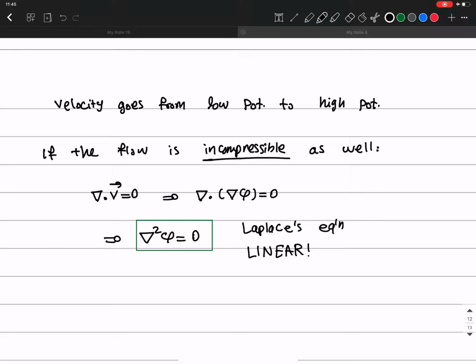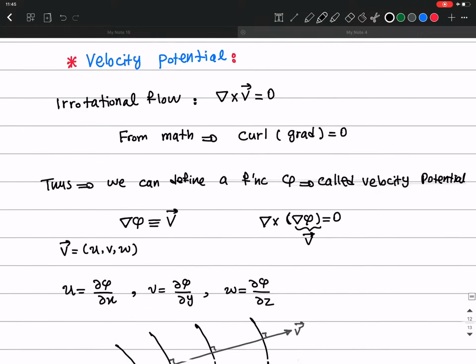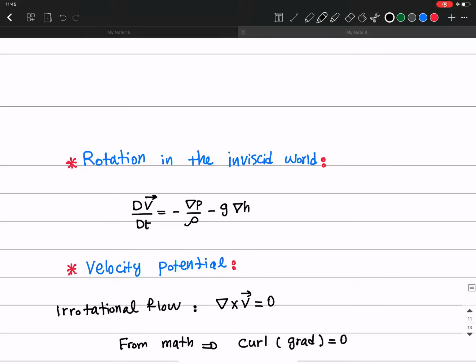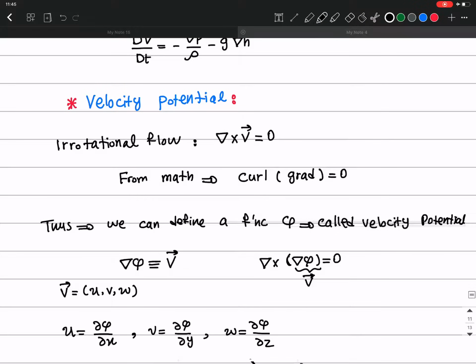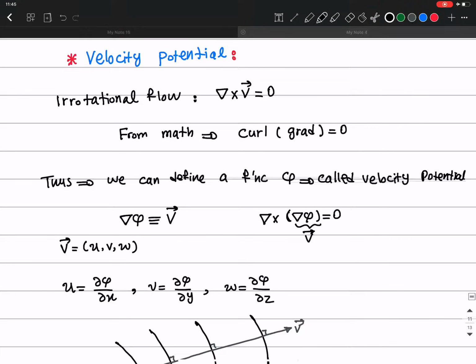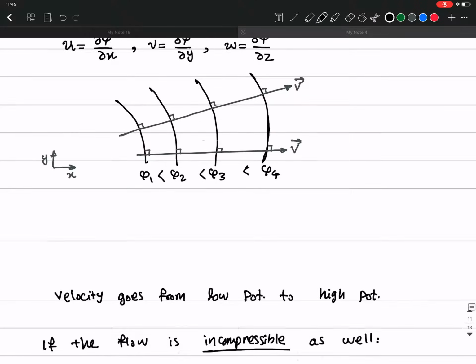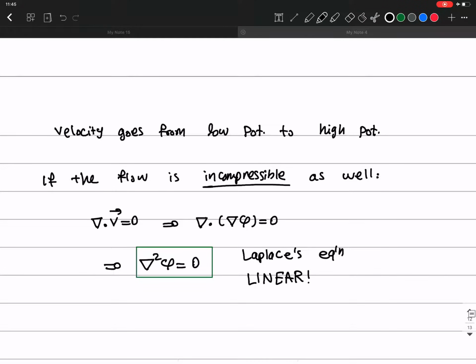So previously, this kind of system is nonlinear. We have a lot of nonlinearities. But if the flow is irrotational and incompressible, we can define a velocity potential which satisfies the Laplace equation, which is a linear equation. Okay?